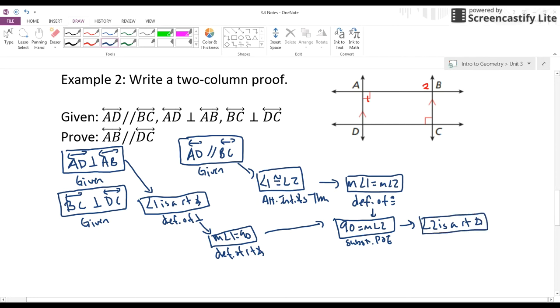Sorry, this is an angle symbol. Which miraculously now shows us that AB is perpendicular to BC. Careful of your notation, okay? And this is your definition of perpendicular once more.